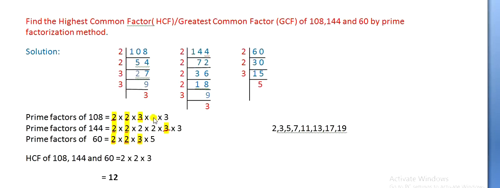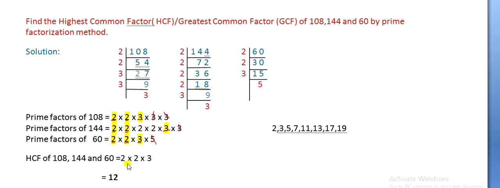This 3 is a common factor of 108 and 144, not a common factor of 60, we left it. Even this 3 is only a factor of 108, not even a common factor of 144. Next we have these two, also not common prime factors. 5 is also not a common factor.